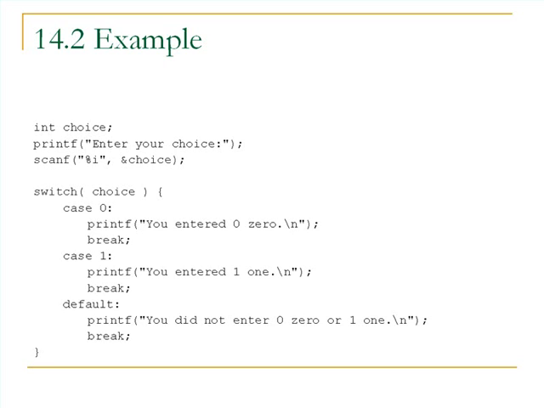Let's take this code into the development environment now and actually see it execute and walk through it in the debugger and play around with it. It's the easiest way to see how the switch statement actually works.